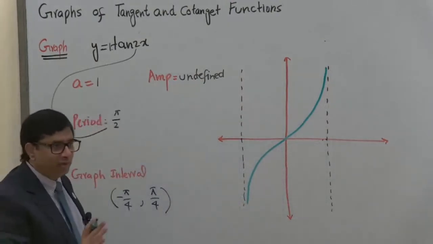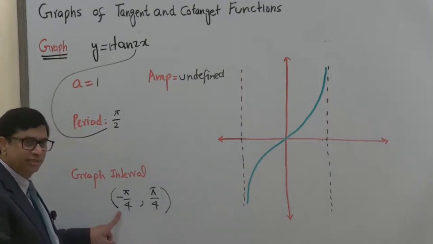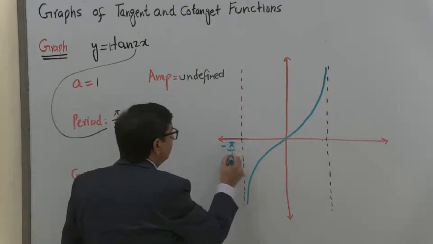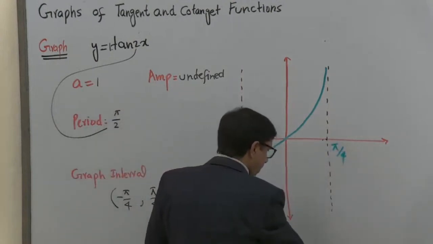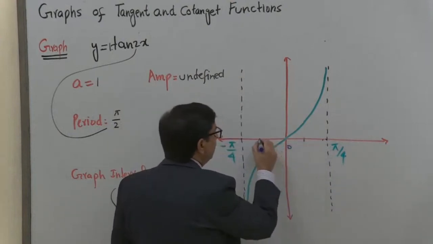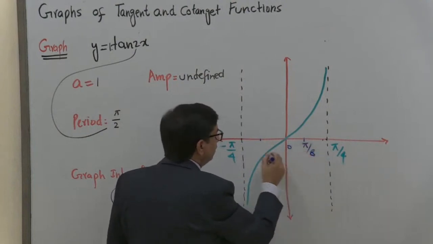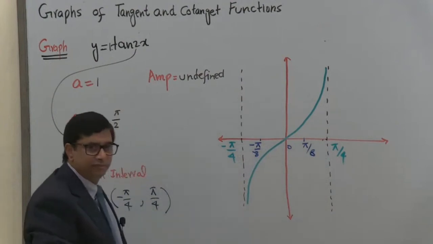Now we have to label it. How to label? Interval is with us. Negative pi over 4, pi over 4. Mark the other point. This is 0, its midpoint and its midpoint. This is pi over 8, negative pi over 8.